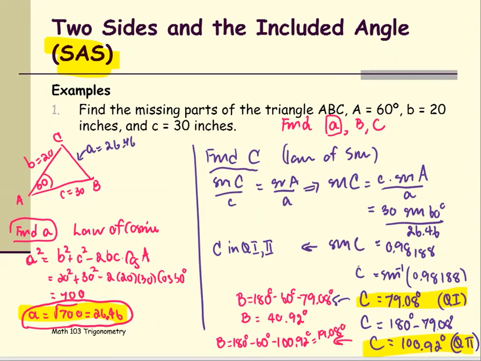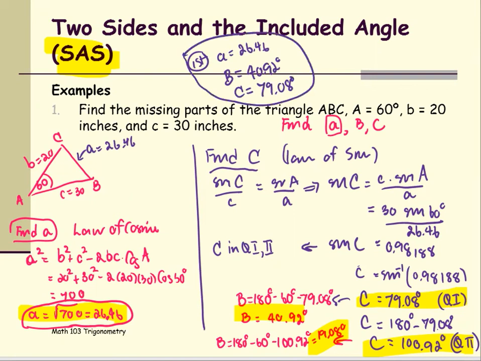So in summary, we have two sets of solutions. The first set: side A is 26.46, angle B equals 40.92 degrees, and angle C is 79.08 degrees.